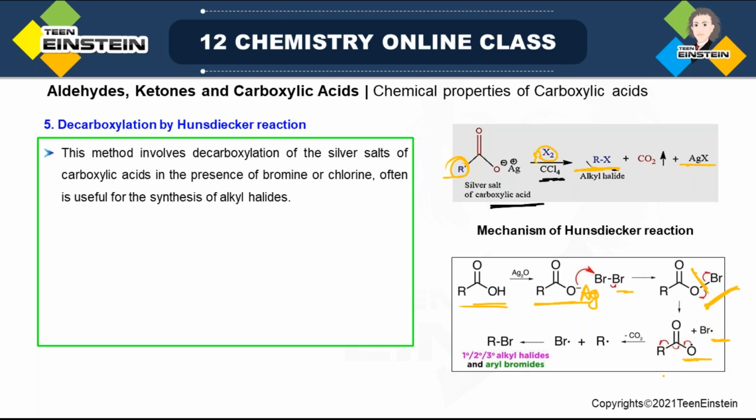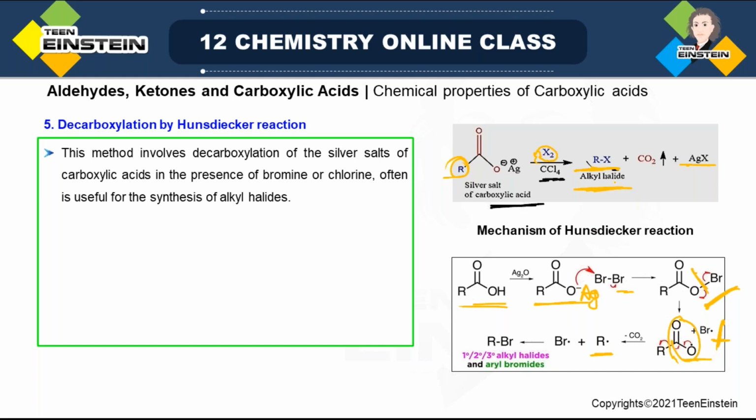There will be removal of carbon dioxide. So this part will be removed in the form of carbon dioxide, and now you are getting R dot. And Br dot is already present in the medium, so these two together can make RBr. Now see here what is written. It is actually aryl bromide, but it may be any type of alkyl halide. In general, the term should be alkyl halide, as we have used in this case.